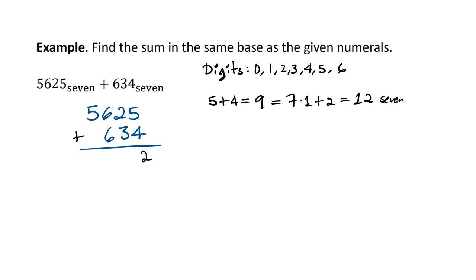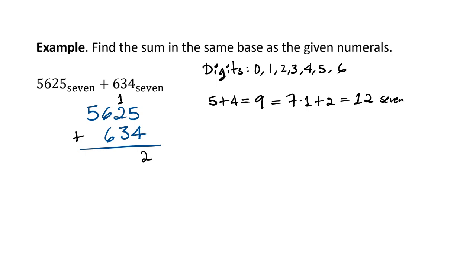So 9 in base 7 is 1, 2, because I need 1 seven plus 2 units. 7 plus 2 is 9. And just like in the old way, I put the 2, which is the place of the units, right there, and I carry the 1 onto the next place value. So I put a little plus 1 on the top. And then I go back and add again the digits.